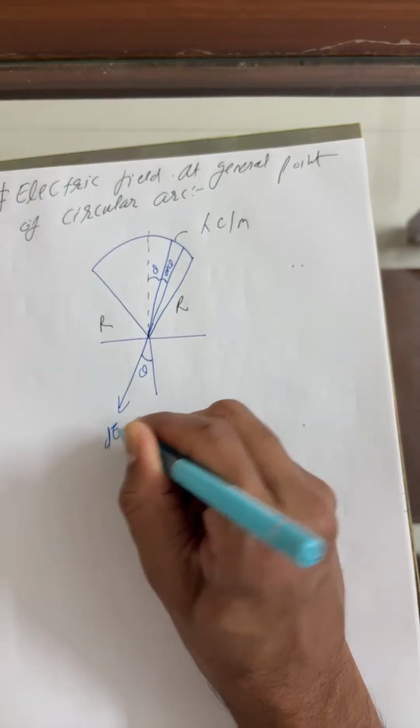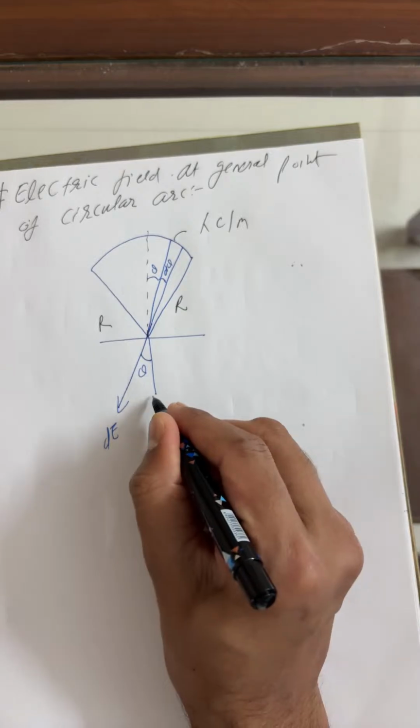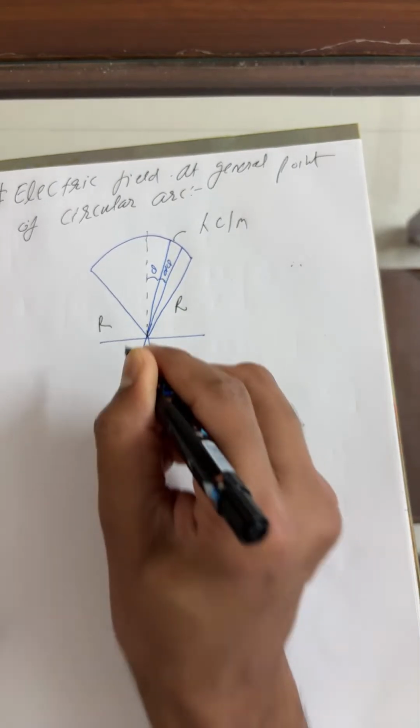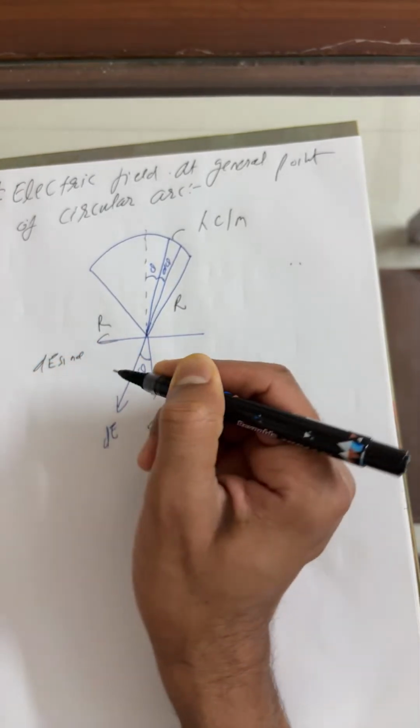You can see dE due to the small element has components dE cos theta and dE sin theta.